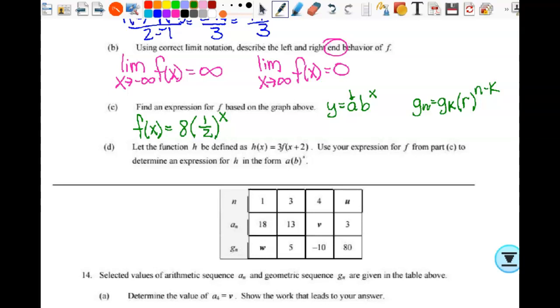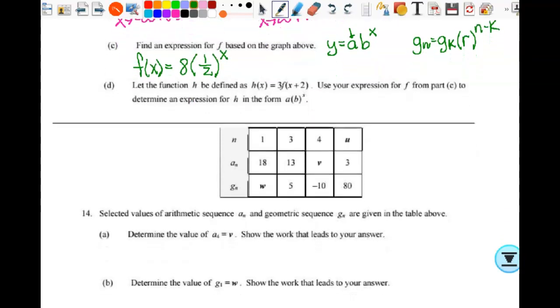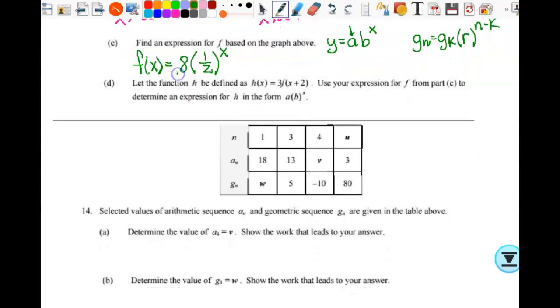Okay, so now we're going to let the function h be defined as this, and we're going to use this to get there. So h of x is equal to, well, it's 3 times this f of x, which is this, so it's 3 times 8 times 1/2 to the, but then instead of x, I have to plug in x plus 2.